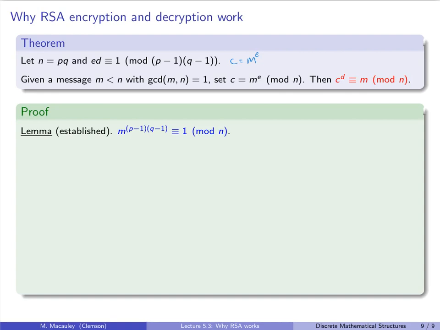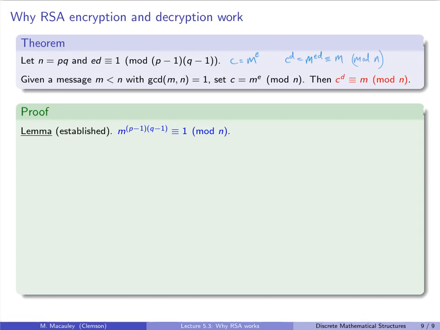And then the claim is that if we want to decrypt that, we just raise that to the dth power, so C to the d, which is M to the ed, is equivalent to M, the original message, mod n. So in other words, exponentiation to the dth power is the inverse of exponentiation to the eth power.